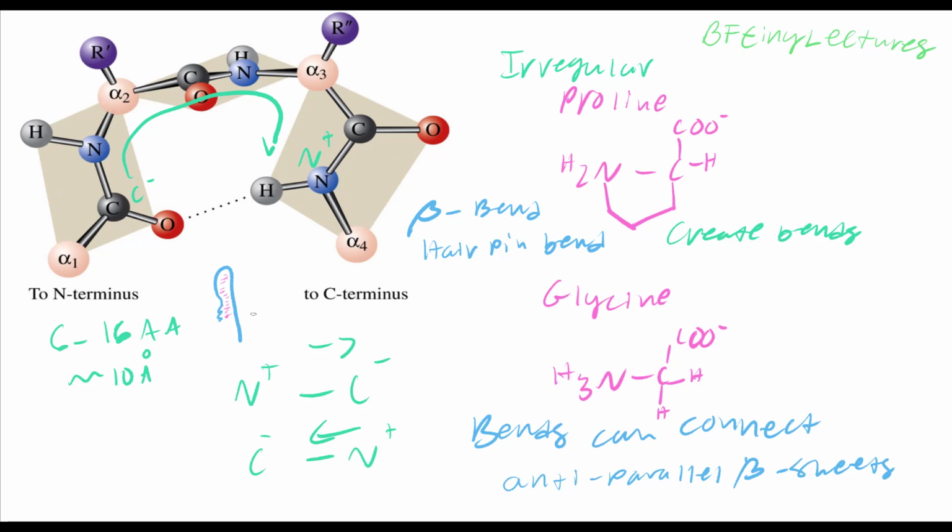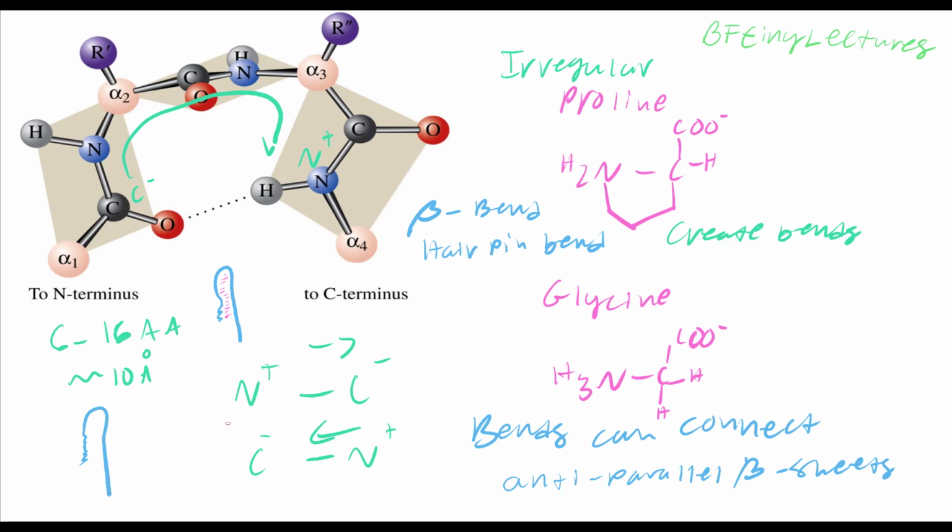So the reason why it happens with antiparallel is because they're already horizontal to each other, so it's easier to kind of connect in on itself. However, if you were to have the same thing, the same bobby pin, and it's parallel, it would be really weird to do it, right?